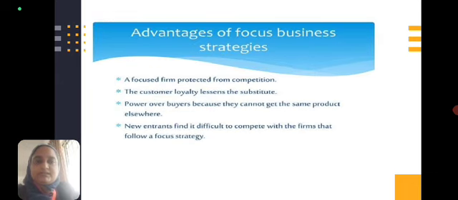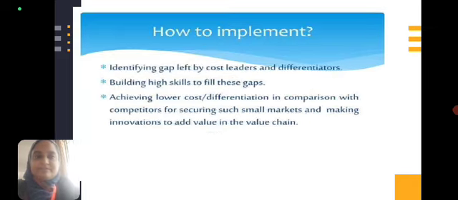Advantages of the focus business: it protects the organization from competitors. Substitutes and new entrants find it difficult to compete with the firms. So there is no other competitor because they are focusing more on the sustainability aspect of the firm.